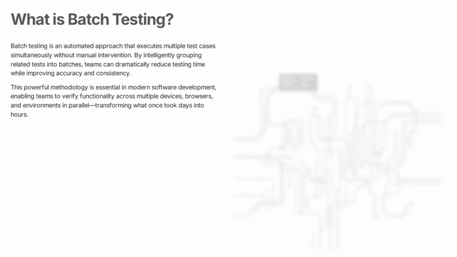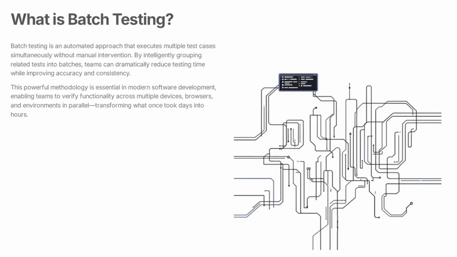Batch testing is an automated approach where we are executing multiple test cases simultaneously without any kind of manual intervention. Mostly we are all following this batch testing, but we are not aware of it. Basically, we have an automation script, and inside that script we have different kinds of tests, and we tag those tests with different names.